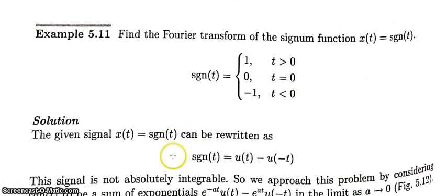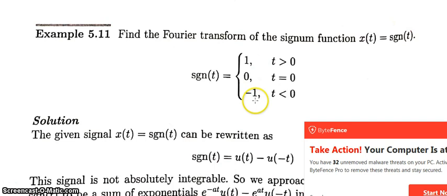Now this signum function can be expressed in terms of the unit step as u of t minus u of minus t. U of t extends from 0 to infinity having a value 1, and u of minus t extends from 0 to minus infinity having a value 1. So this minus here accounts for the minus 1.